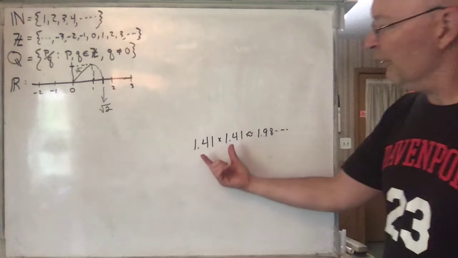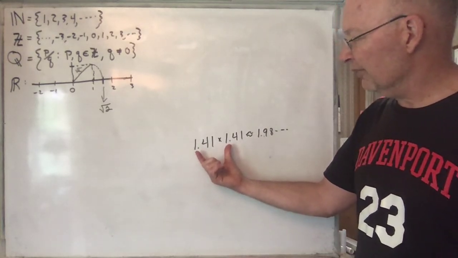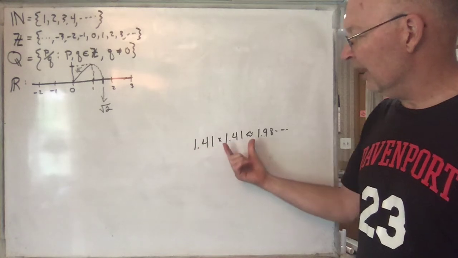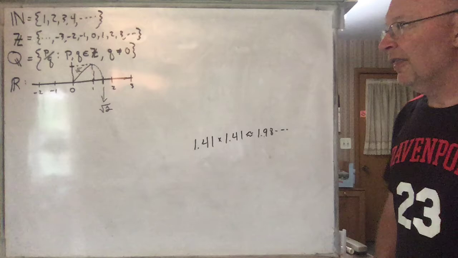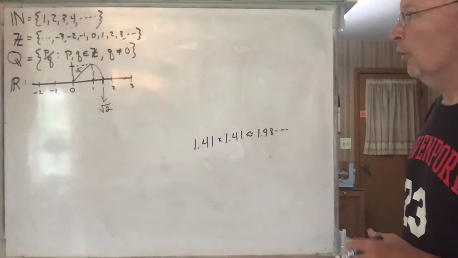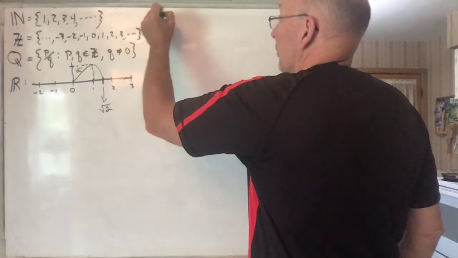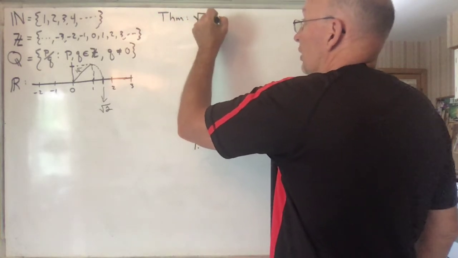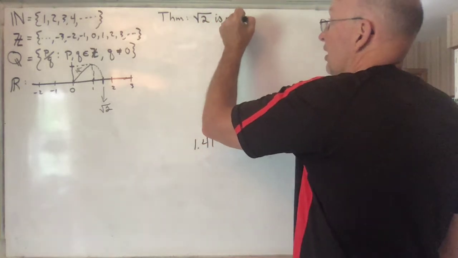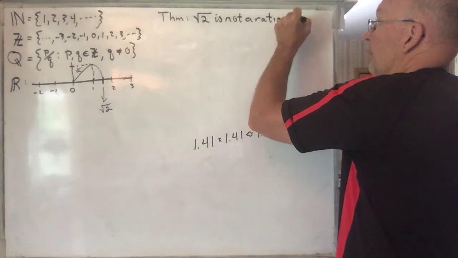And so they figured, well, if you go out far enough, it'll stop at some point, and that number times itself will give you exactly 2. That's what they figured. And then someone came up with the following proof. Okay, here's a theorem. I'm going to write it THM for theorem. The square root of 2 is not a rational number.